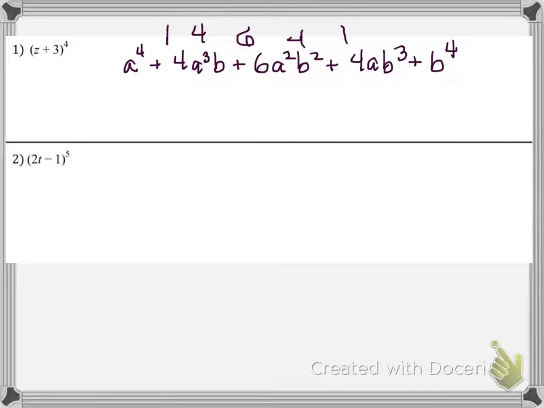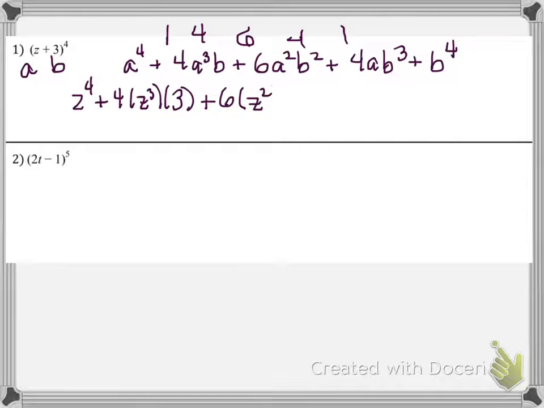Now we're just going to plug in the values. We have a and b. So this is z to the 4th plus 4 times z cubed times b, which is 3, plus 6 times z squared times 3 squared, plus 4 times z times 3 to the 3rd plus 3 to the 4th power.